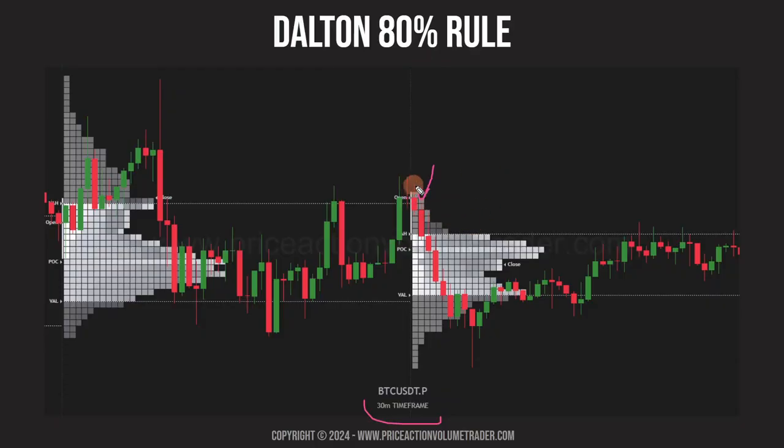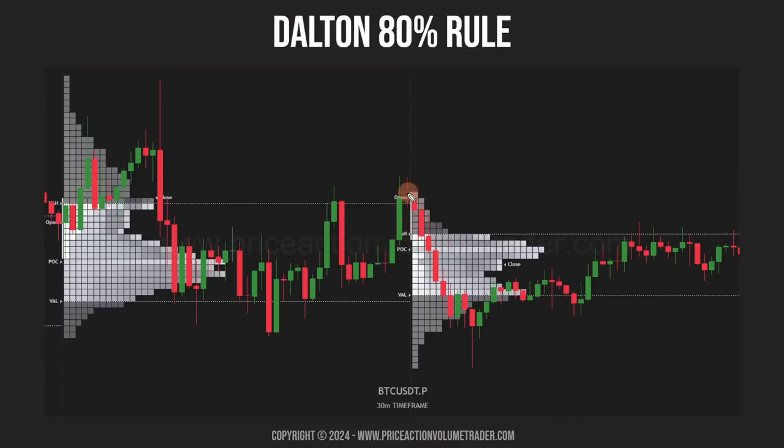But if we have this first candle, like we have in this example, that closed inside of this value area, obviously we know that the next candle is going to open and trade inside of this value area as well. So just on the open of this second TPO period, we're already inside of this value and the rule is already applying.